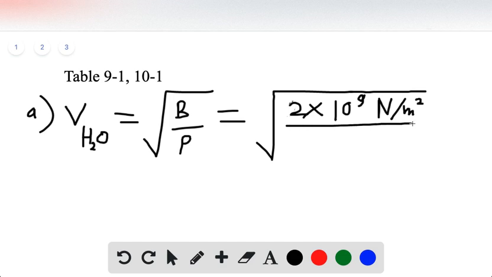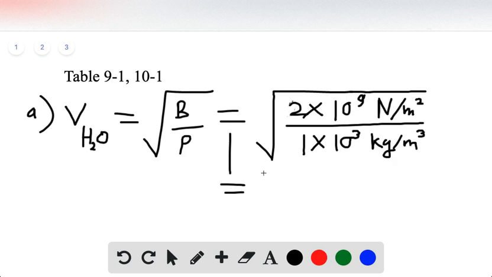So we're good there. You divide that by density. In SI units, that's 1 times 10 to the 3, or 1,000 kilograms per cubic meter. And so Newton has units of kilograms meter per second squared, and so a bunch of things cancel out, and what you get here is 1414 meters per second. Okay, so that's for water.